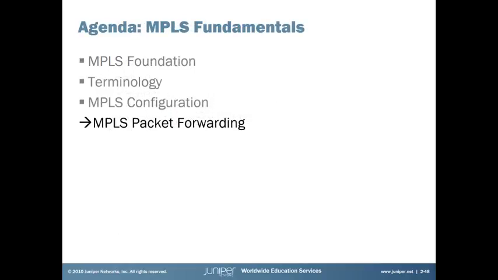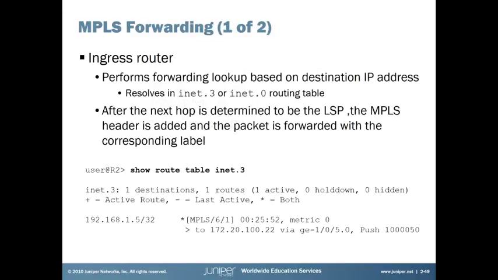Okay, let's just go through the process and look at how MPLS packet forwarding works. So here we start with our ingress router. The ingress router performs a forward lookup based on the destination IP address. So the packet arrives at the ingress router and it's going to do a lookup based on the address.